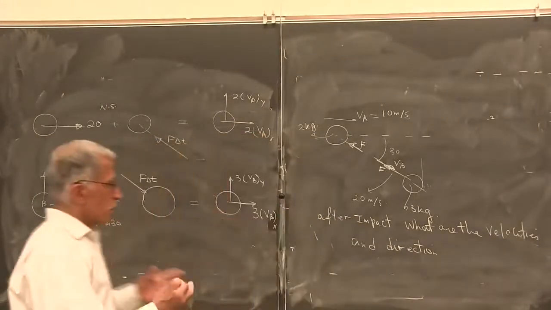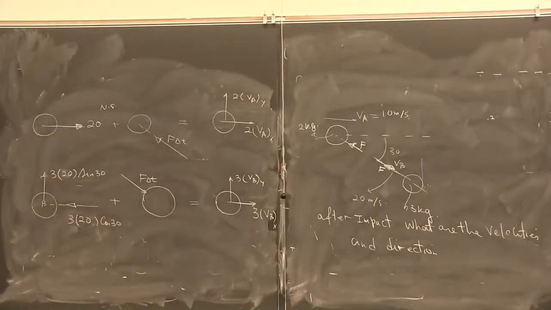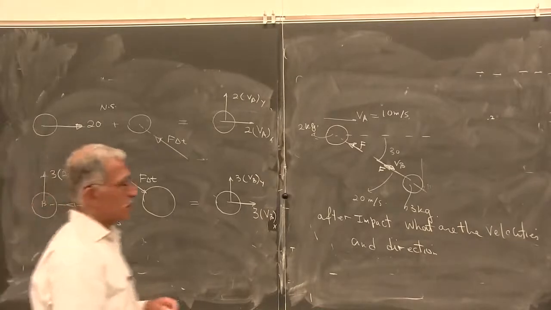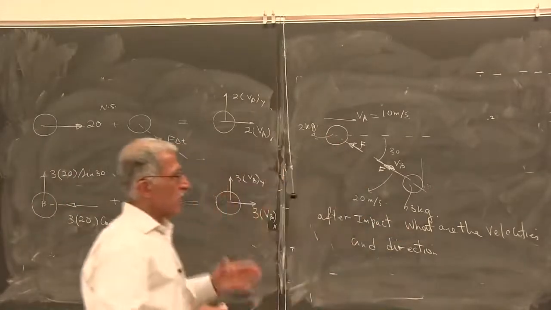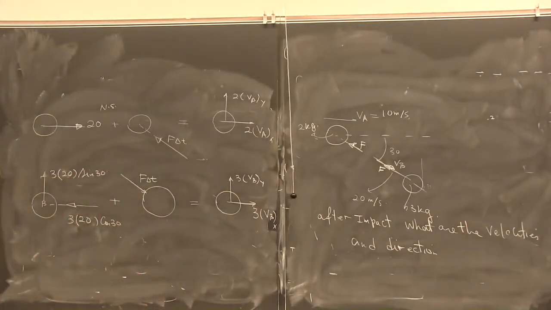Okay, so we have 2 particles. One is going with the velocity VA, 20 meters per second, coming in this direction. The mass of this one is 3 kilogram, the mass of this one is 2 kilogram, and they collide. We are interested to see what the force and the velocity are.